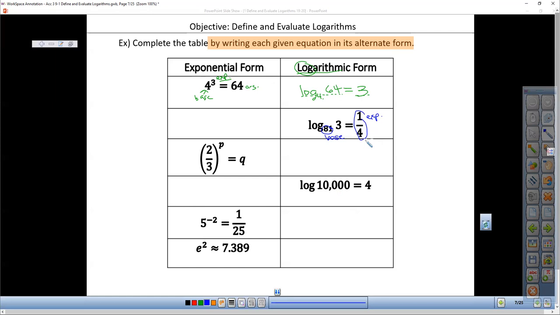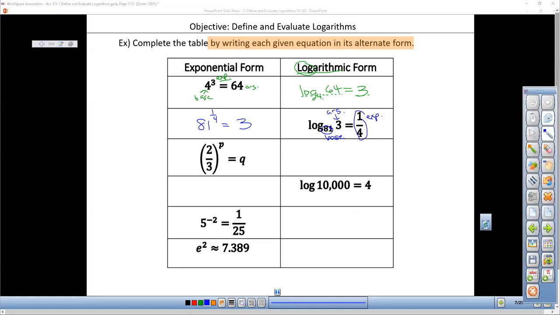So in your exponent form, you have your base to your exponent. So we have 81 to the 1/4 power, and that equals our third part, which is our argument. So we have 81 to the 1/4 power equals 3. And you can see here that this makes sense. If you recall, 1/4 power means 4th root. So the 4th root of 81 means what times itself 4 times equals 81, and that is 3.